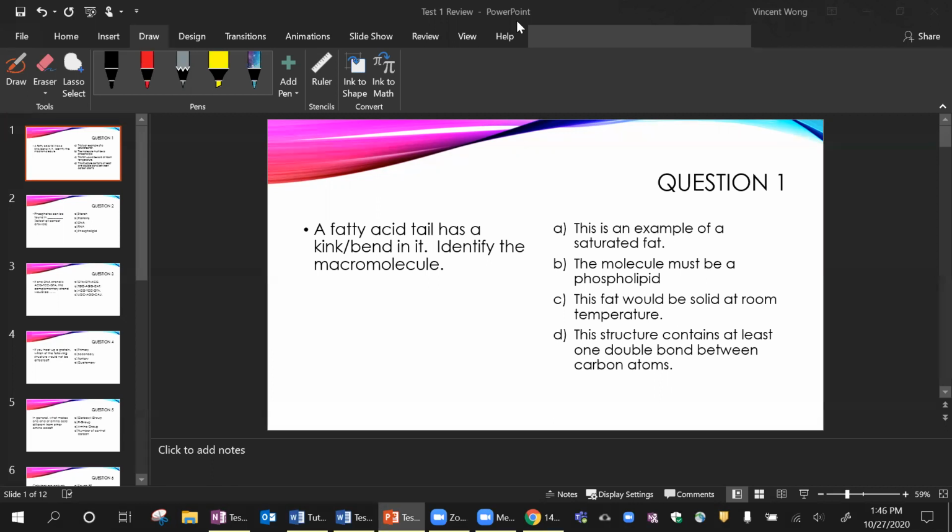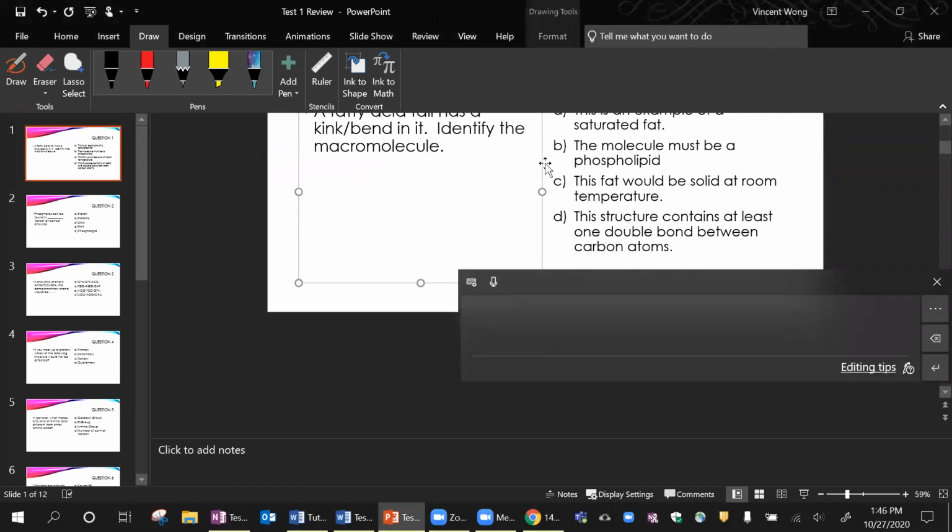Okay, so this question is about basically saturated fat versus unsaturated, right?